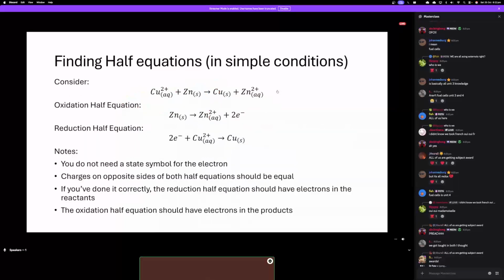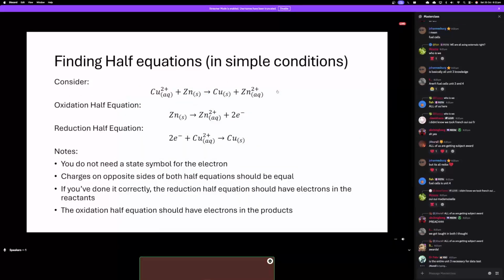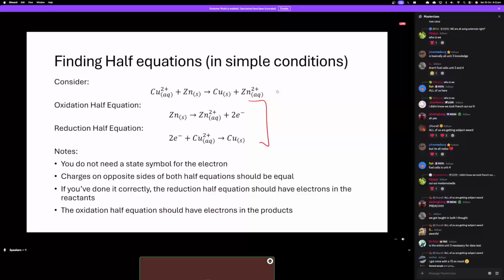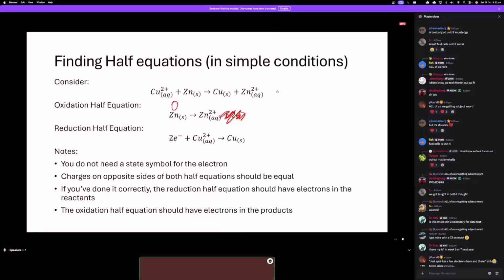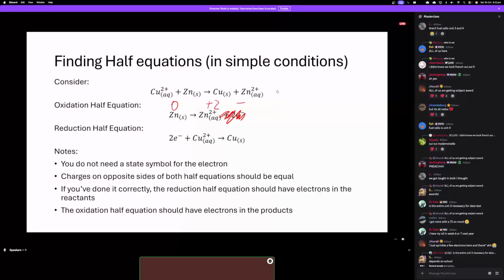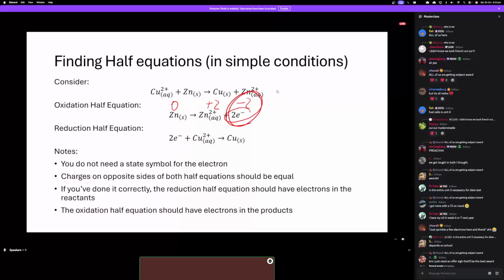Anyway. Finding half equations. Still simple conditions. This is our oxidation and reduction. You don't need to state symbol for the electron. Charge on the opposite sides should be equal. So if I didn't have this electron, this is charge of +2, 0, this is charge of +2. So I need a -2 charge to balance it out. That comes from my electron, right?